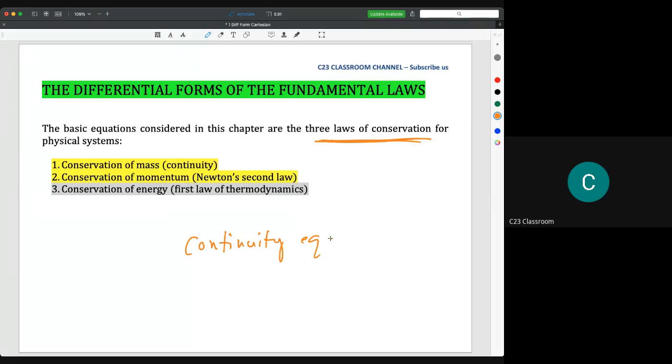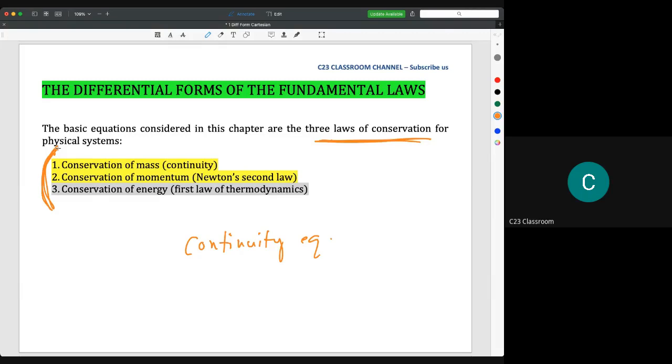because you need to make sure that all your calculation must fulfill the idea of conservation of mass or continuity. Okay. In differential form, when people discuss the differential form method, we will discuss these three fundamental laws.